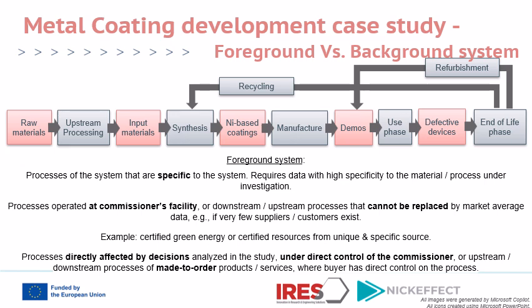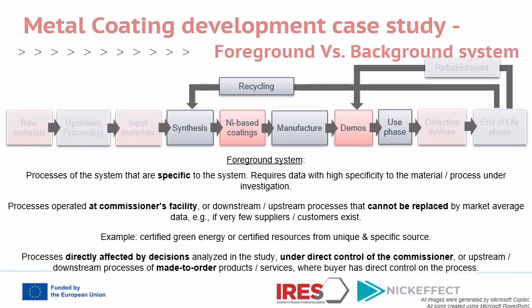The foreground system also involves processes that are directly affected by the decisions analyzed in our LCA study. It involves processes that are under direct control of the commissioner, or for example, in the case of made-to-order products and services, where the buyer has direct control of the processes, then these also need to be included in the foreground system.